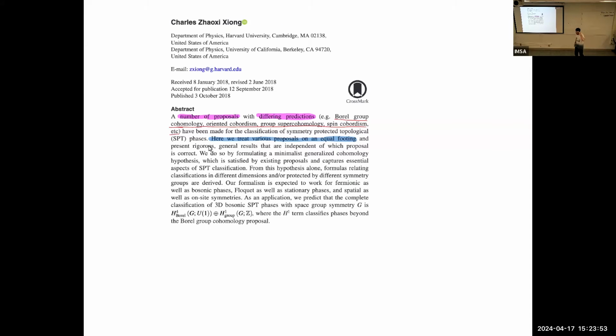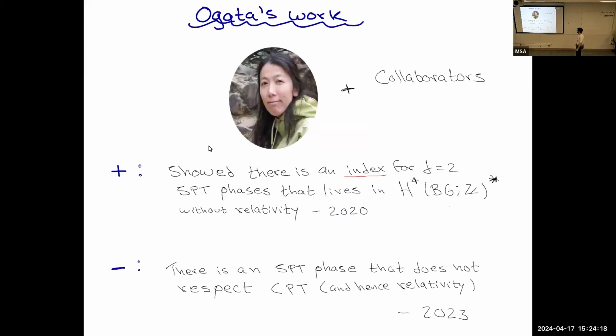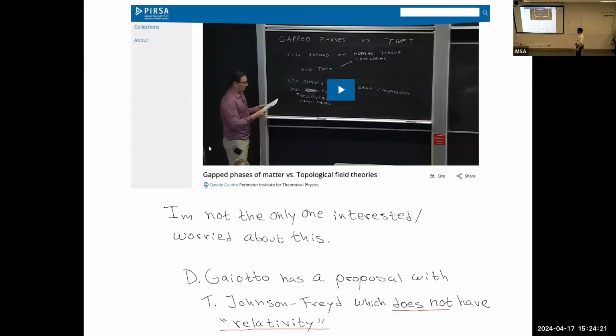And finally, sorry. CPT is a theorem about Lorentz invariant local QFT. Well, if there are no local terms, it already doesn't work, like in low energy effective field theory, if I'm not mistaken. But it's a very specific theorem about 4-dimensional, 3 plus 1-dimensional Lorentz invariant local QFT. Yes, but I don't see why it's in contradiction with this. So what you're saying is that the topological field theories don't have local degrees of freedom or something like that?